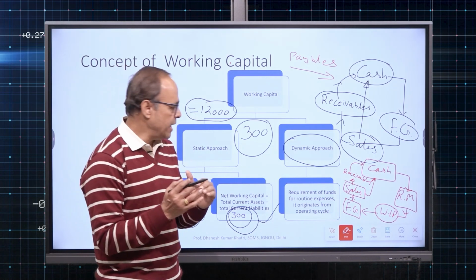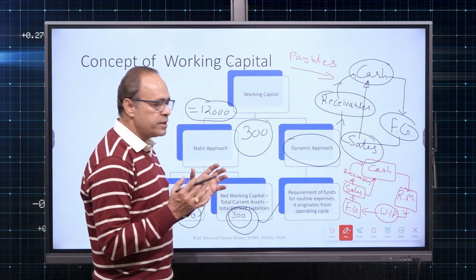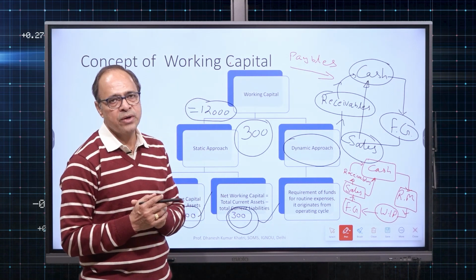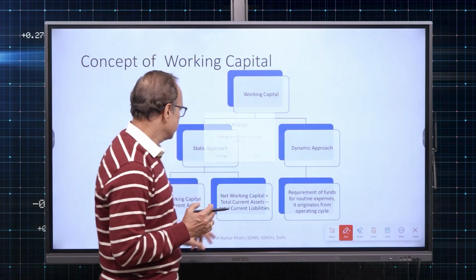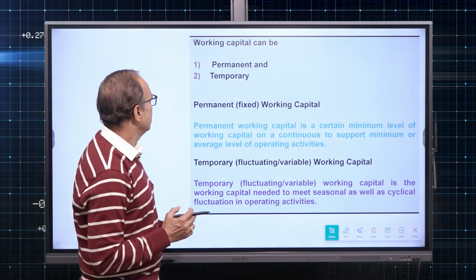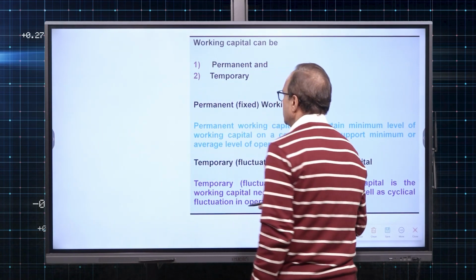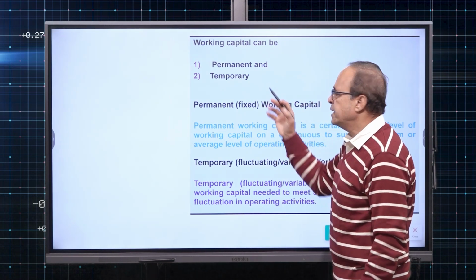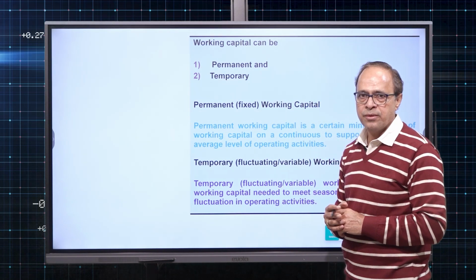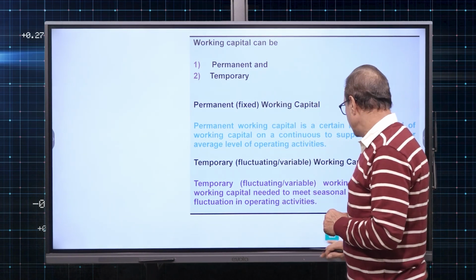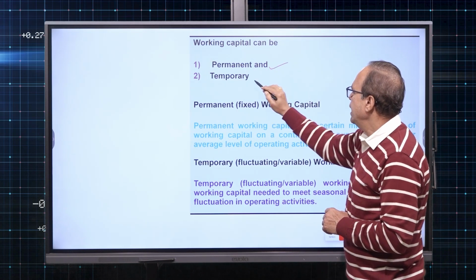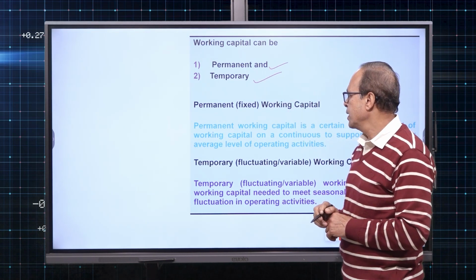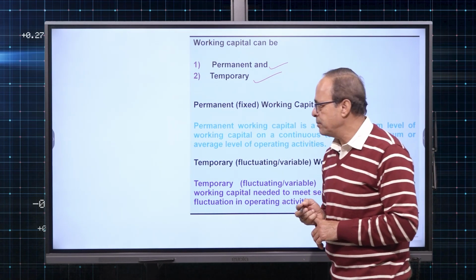Now, according to the dynamic approach, what are the two different levels of working capital? We will see that. According to the dynamic approach, there can be two kinds of working capital: permanent working capital and temporary working capital. Now, what is permanent working capital?